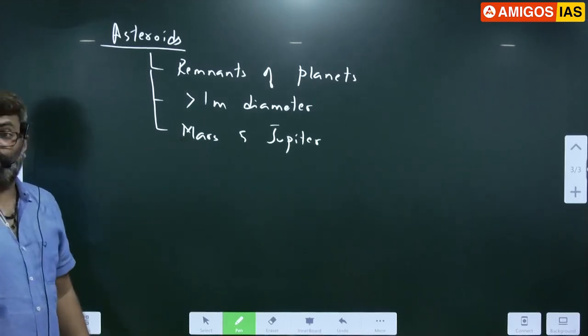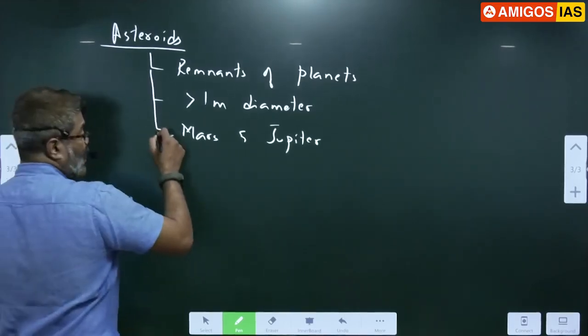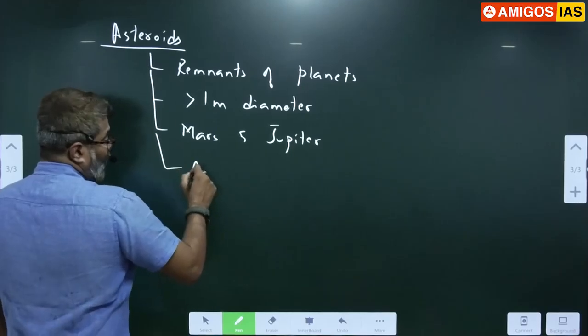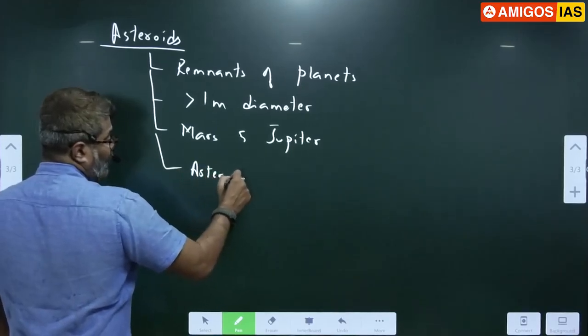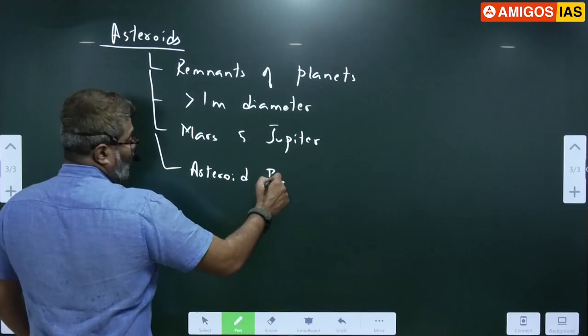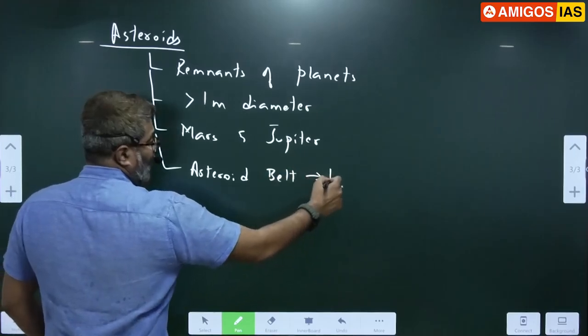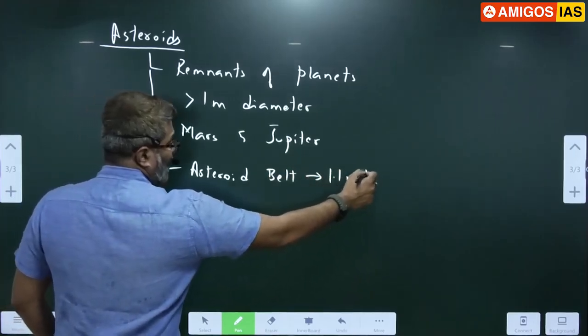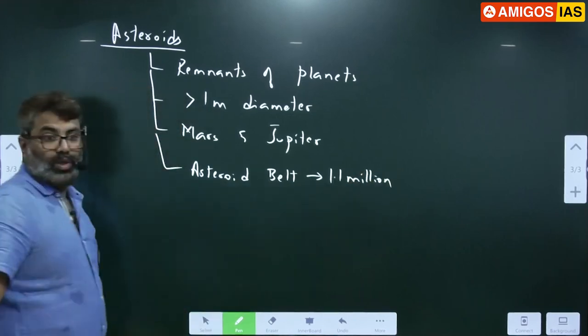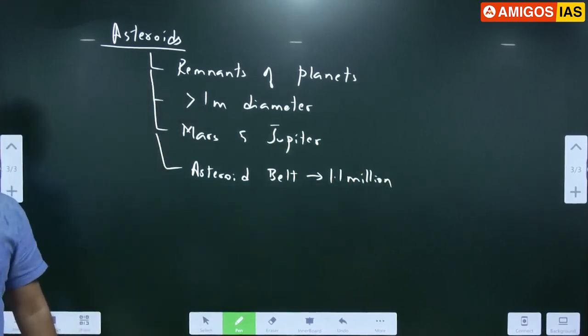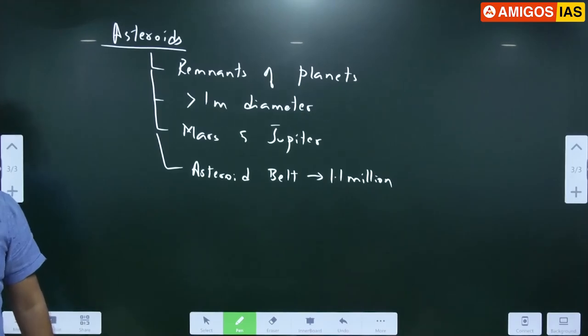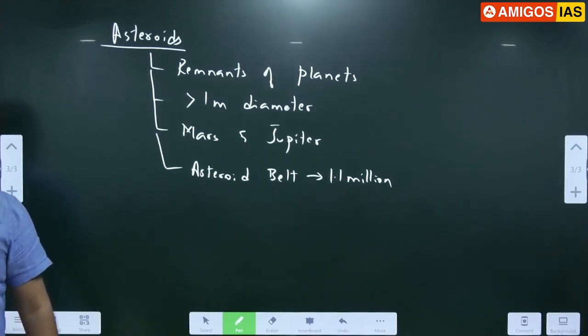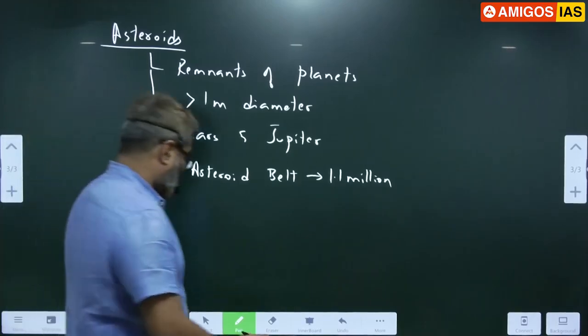There are nearly 1.1 million asteroids in the asteroid belt, meaning nearly 11 lakh. NASA has counted nearly 11 lakh or more than that. That many rocks are there in between Mars and Jupiter.